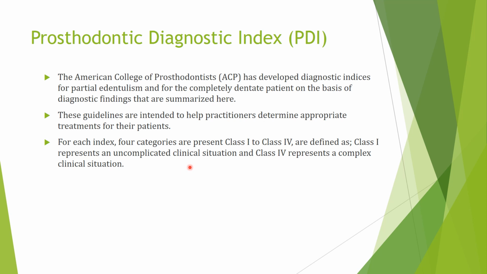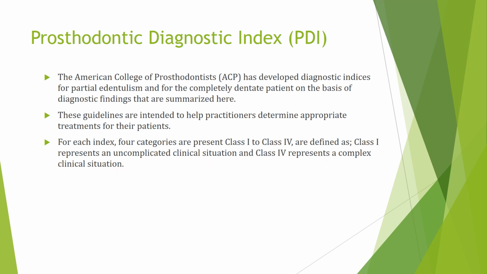Okay, so basically we have four factors, and we divide them into four classes. Okay, guys, so we will look it up. First, we're just going to talk about the factors, and then we'll be grouping them into four classes, Class 1 to Class 4. Class 1 represents the uncomplicated clinical situation.